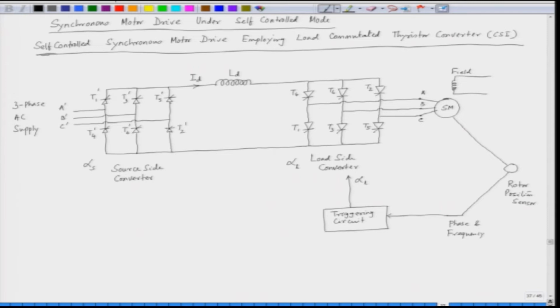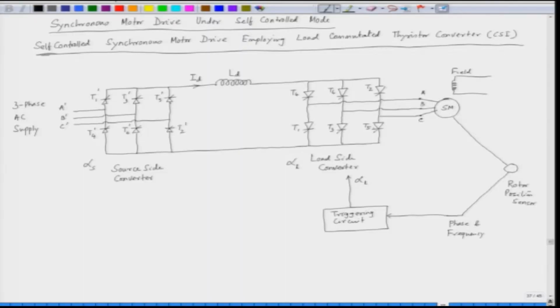The nomenclature of these SCRs is such that this is the way they will be triggered: T1, T2, T3, T4, T5 and T6, and after T6 we again trigger T1.